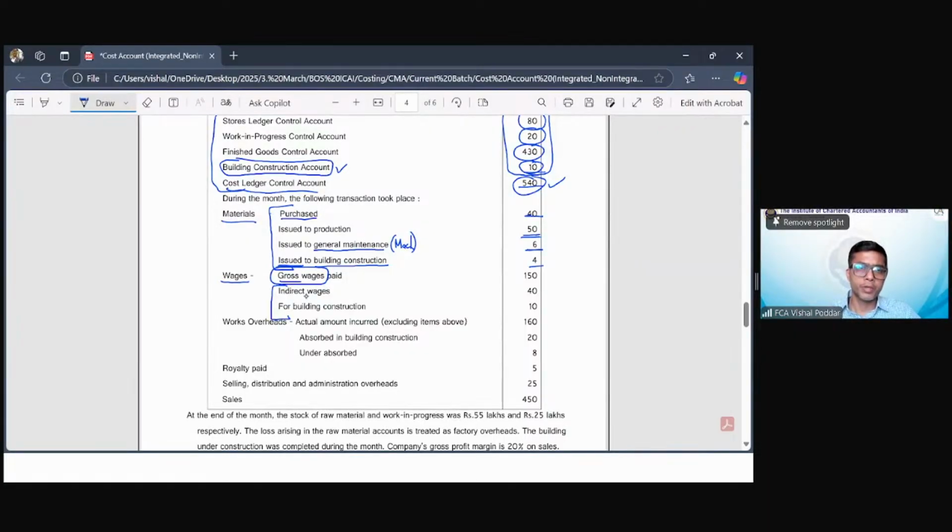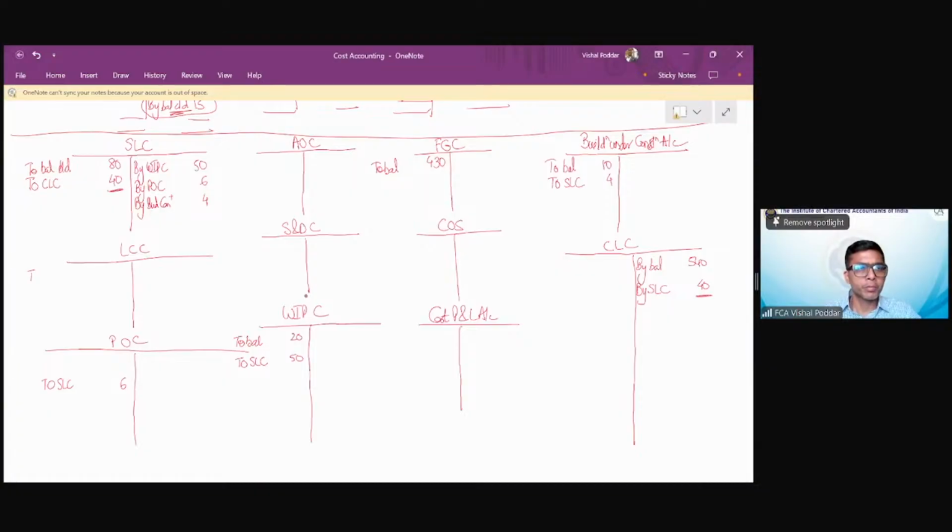So firstly, gross wages will mean direct, indirect, everything combined. So this is my total wages, 150. As you know, we first pass entry for total wages paid. So it is labor debit and my CLC, which represents the cash and bank, is credited with the labor.